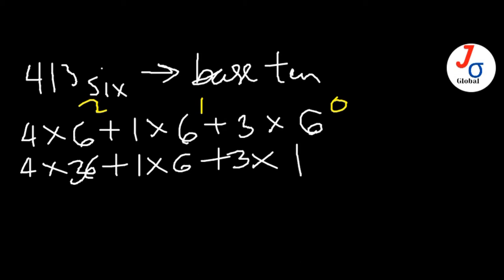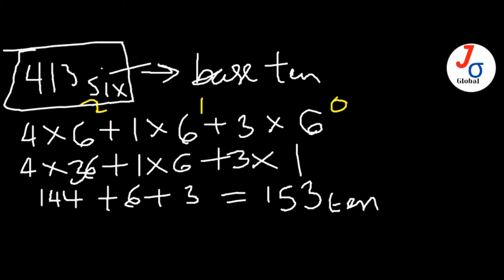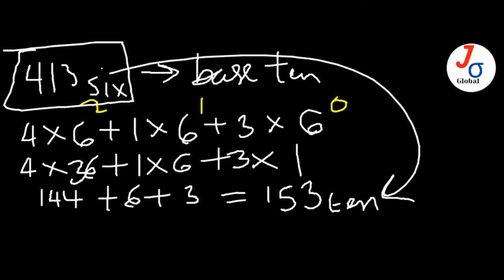And so I have 4 times 36, I have 144. Then plus 6, then plus 3. Okay, so that's 153 base 10. So 413 base 6 is actually 153 in base 10.